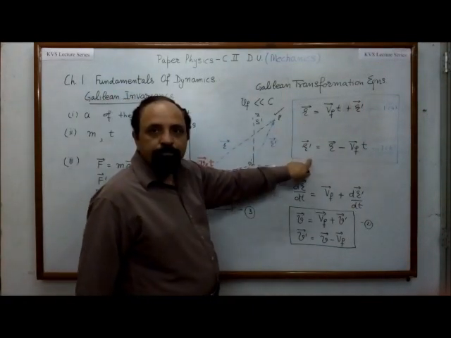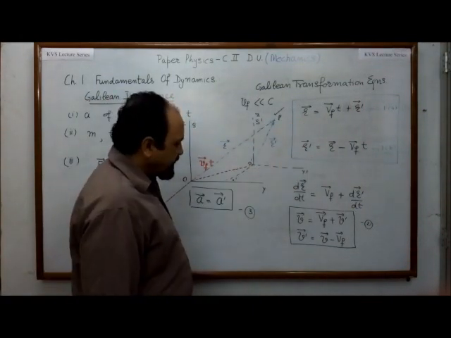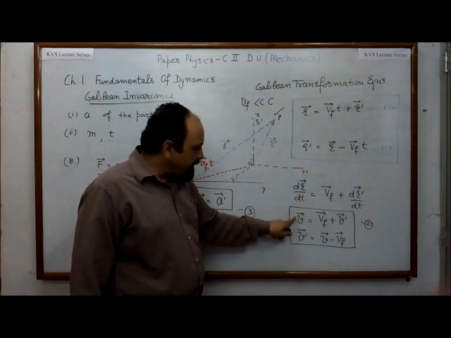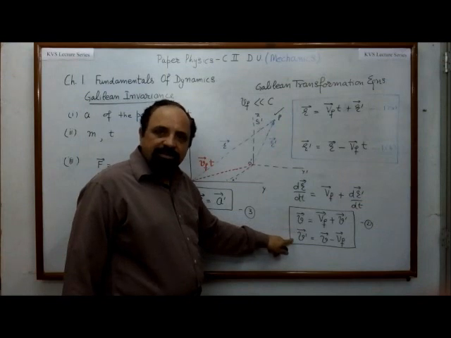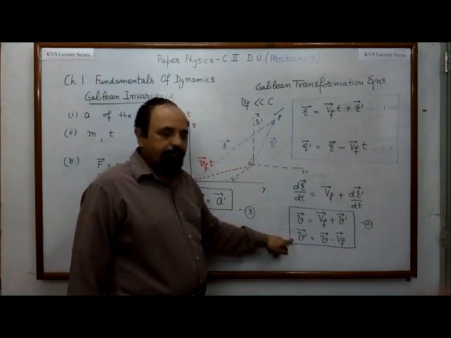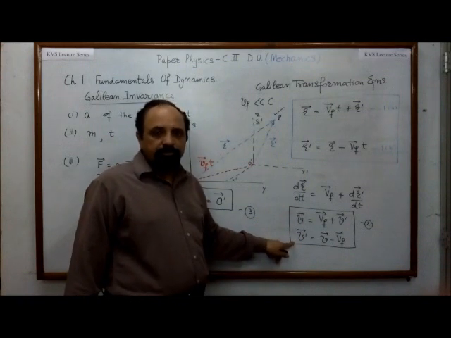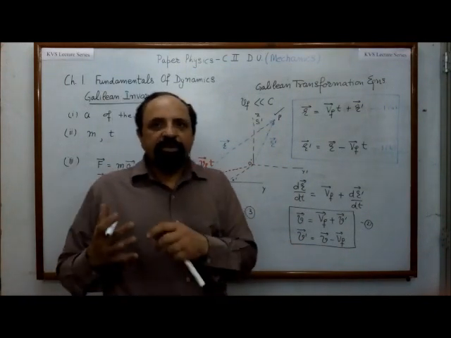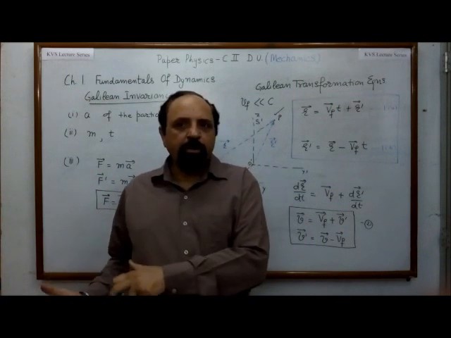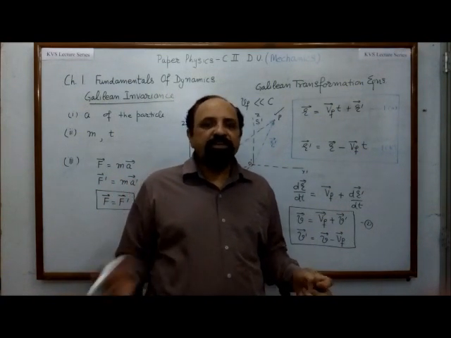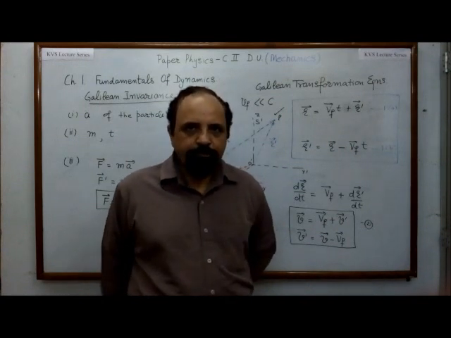Position is not invariant, velocity is not invariant, but if you multiply velocity by mass, that means the linear momentum, is also not invariant. So there are a few quantities which remain as they are when we shift from S frame to S' frame, but for certain quantities we need the transformation equation.